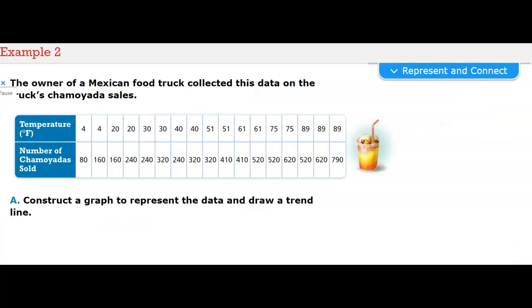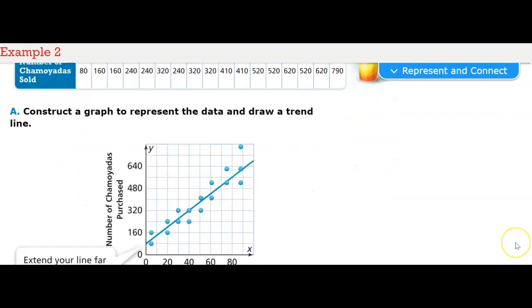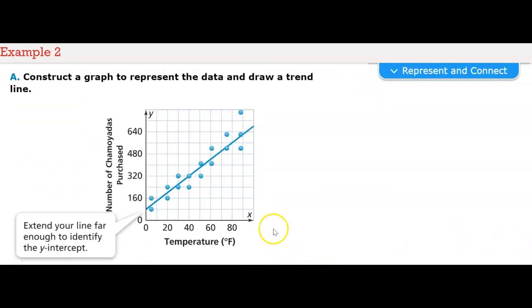The owner of a Mexican food truck collected this data on the truck's camoyada sales. Part A. Construct a graph to represent the data and draw a trend line. All right, so here's a graph to represent that data with a trend line, and we're going to get our y-intercept because that line touches our y-axis. So there's our y-intercept here.